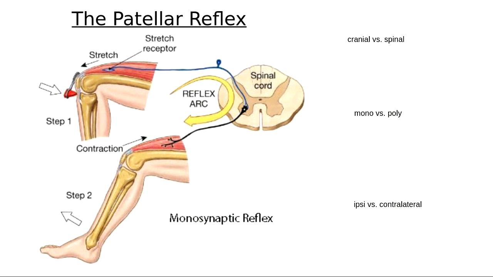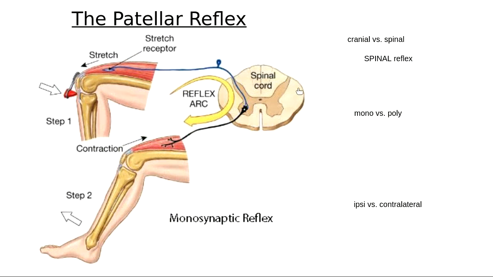This is a great example of a spinal reflex. I know that it's a spinal reflex because I literally have this huge spinal cord that I can see in the middle of my picture here. So, not a trick question if I ask you cranial versus spinal, spinal cord right here. Okay, first way I have to classify it.